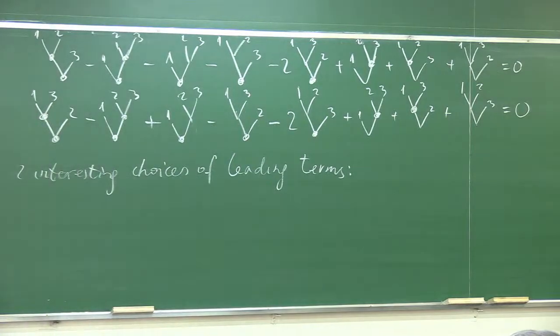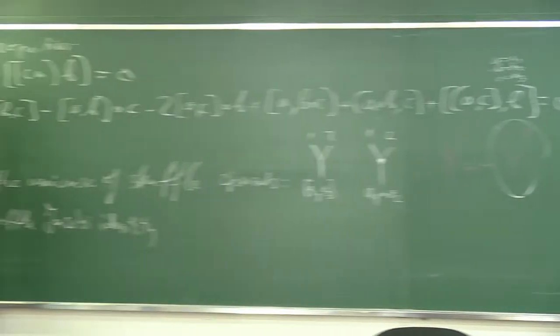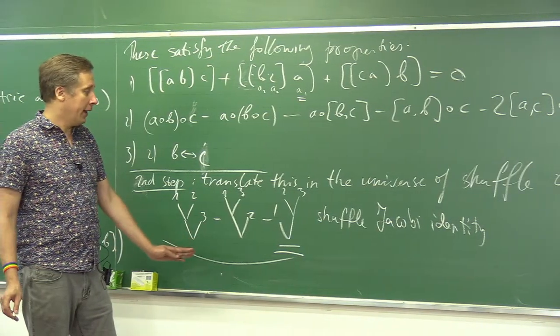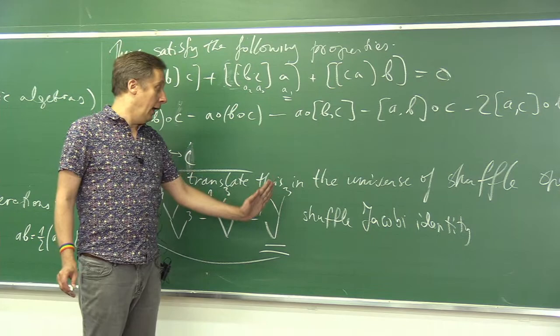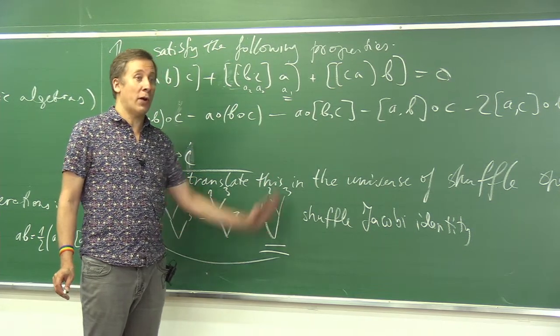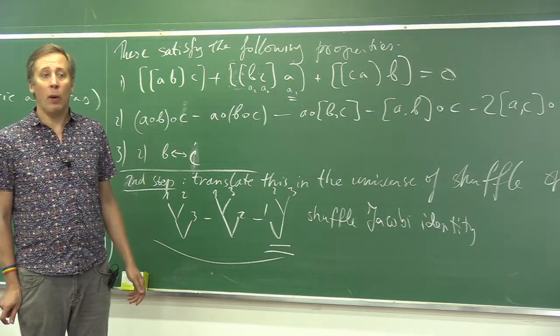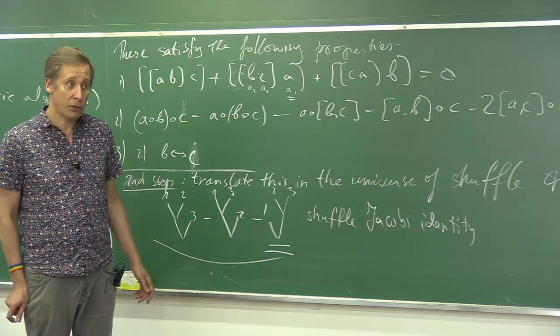So perhaps one choice is to say that trees that grow to the right are bigger than trees that grow to the left. That is one possibility, which is often very useful.